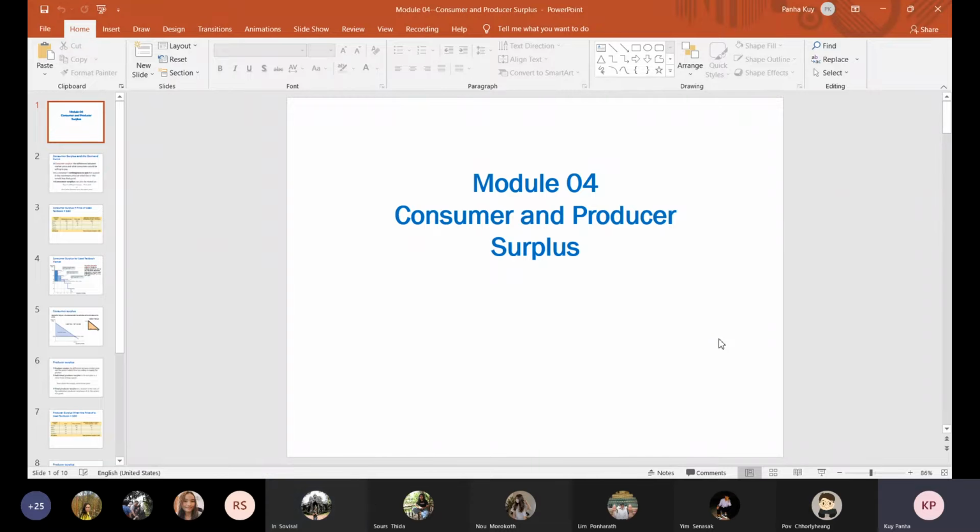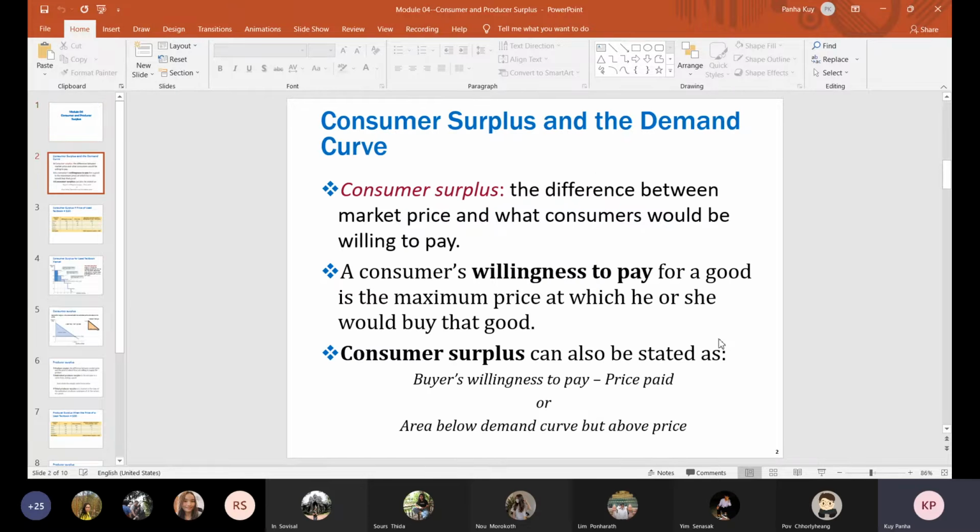So for this module number 4, we will focus on the consumer and producer surplus. That is the meaning of consumer surplus. We define it as the difference between the market price and what the consumer would be willing to pay.